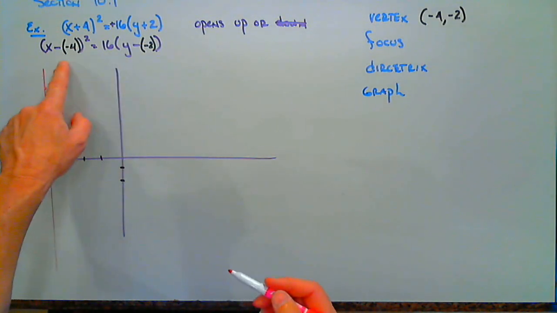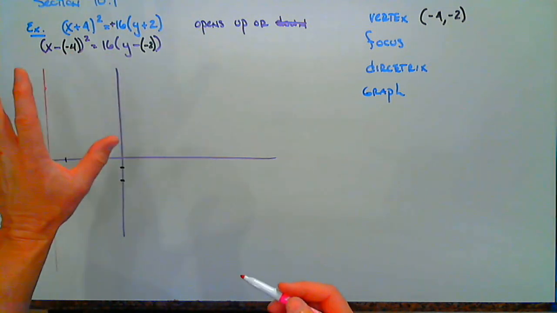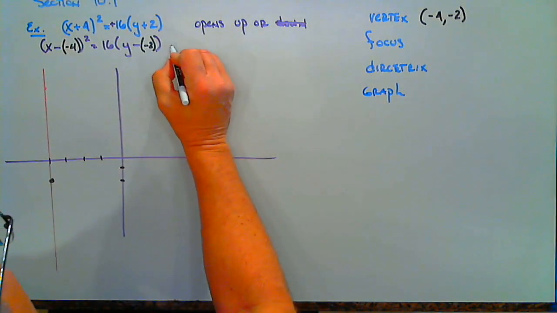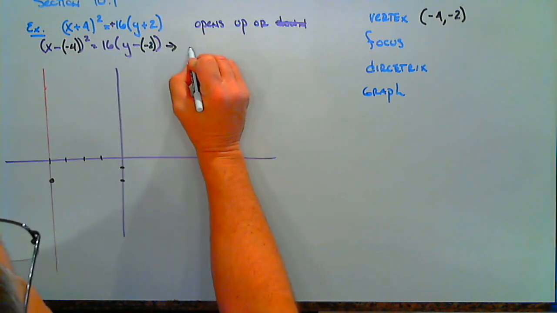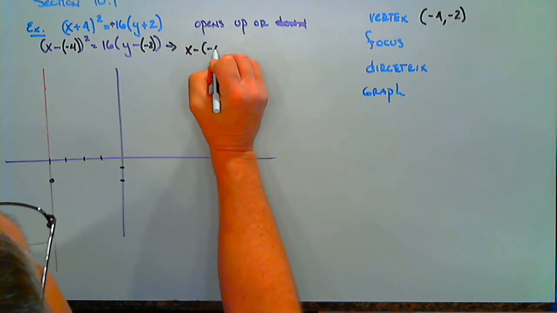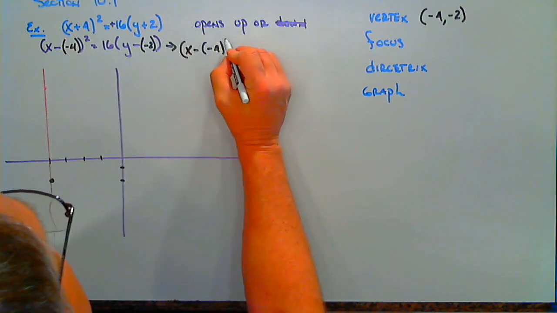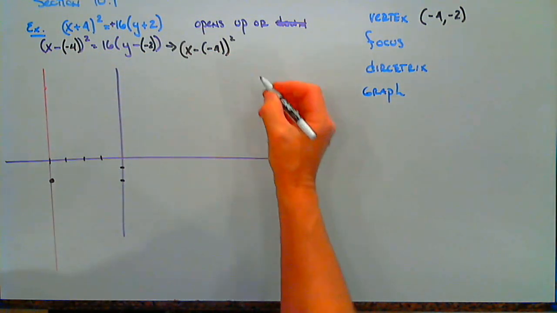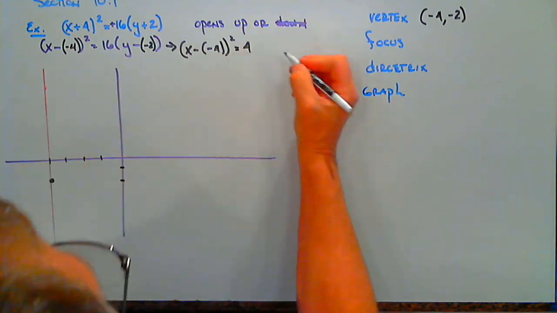Well, what do we have here? We have something very close to our general formula, but it's not exactly our general formula, is it? Right now, we've changed this. We've written it as x minus, we put a minus. Now, you don't have to do that in your homework. You can do that in your head. I'm just teaching, so I'm trying to get it all included. Now, we're supposed to have a 4 out here.